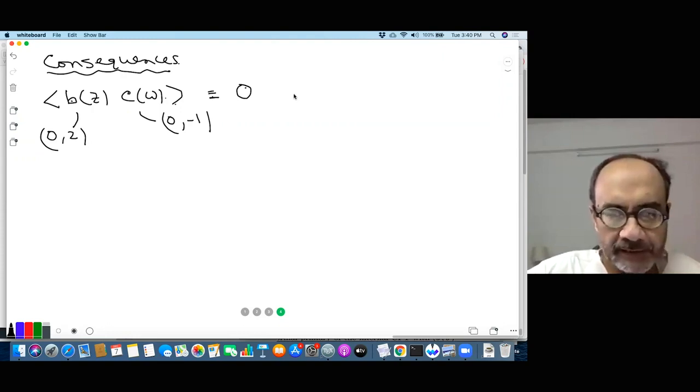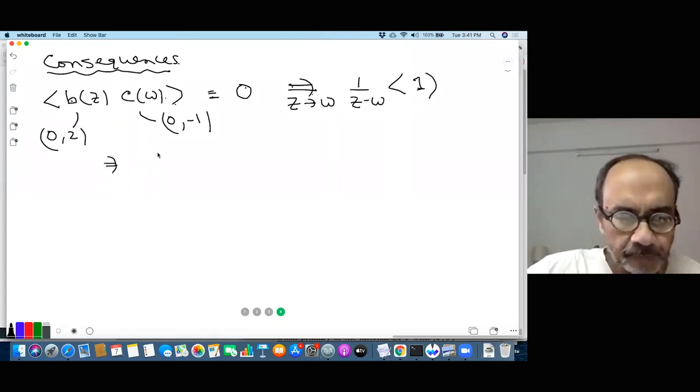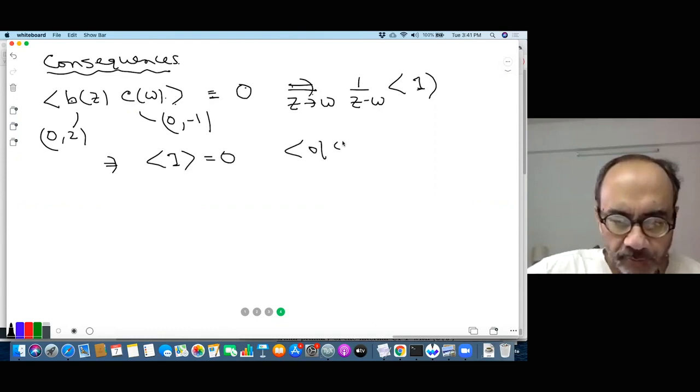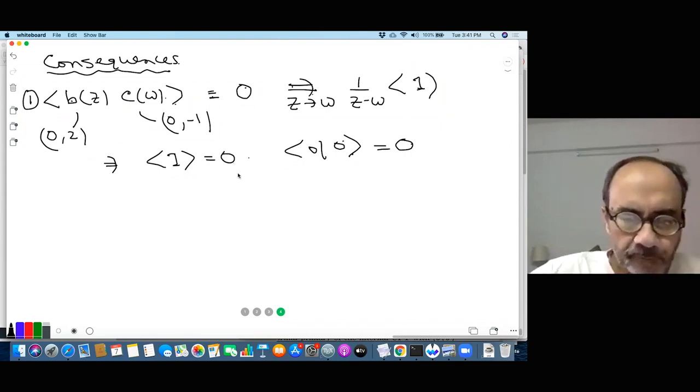But now if you take the Z goes to W limit, this becomes 1 over Z minus W times the expectation value of 1. So this means that the expectation value of 1 is 0, which means that the vacuum has 0 norm. Okay, so this is the first consequence.